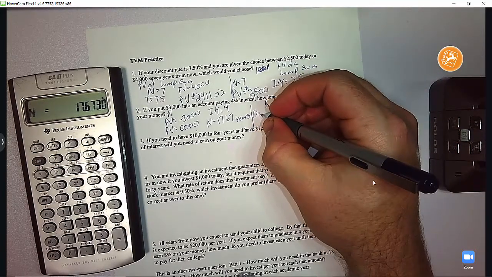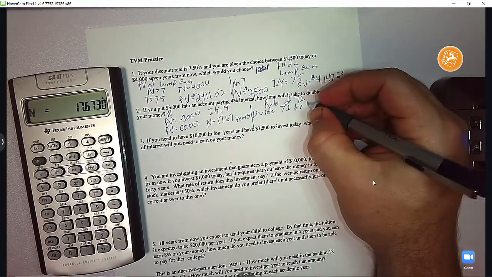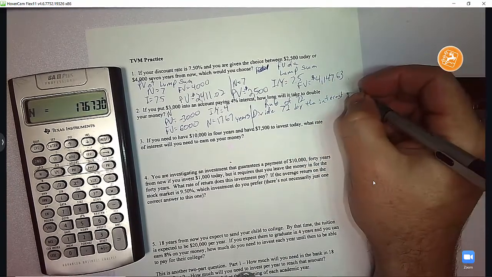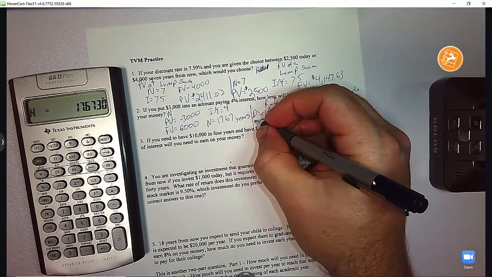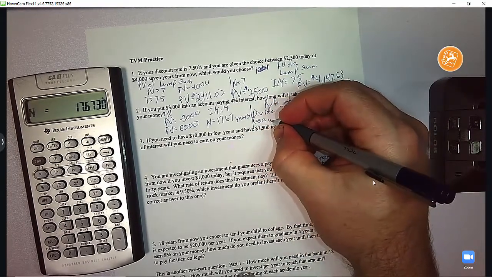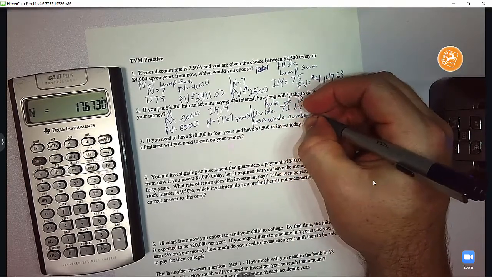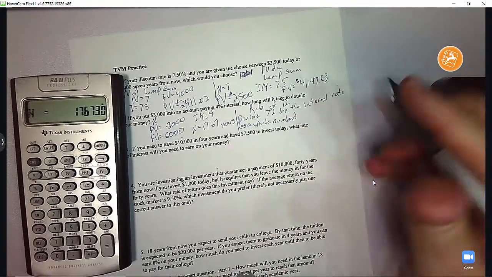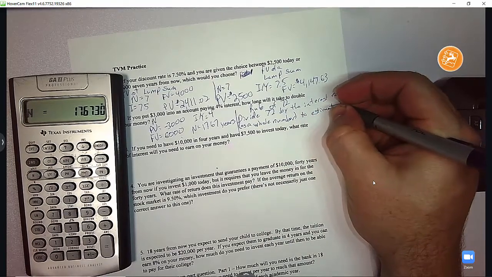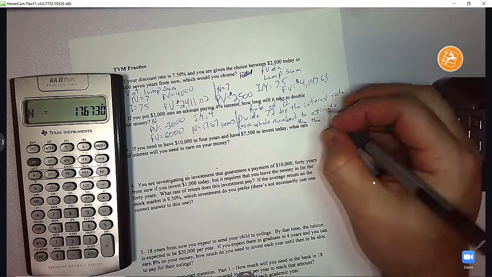Divide 72 by the interest rate as a whole number, to estimate the time it takes to double your money.